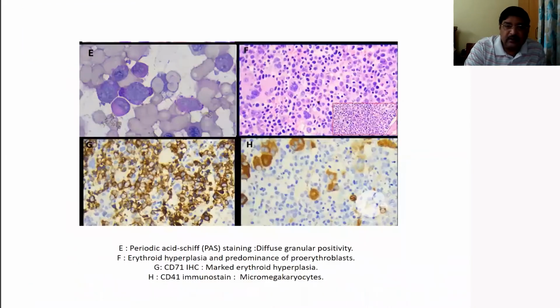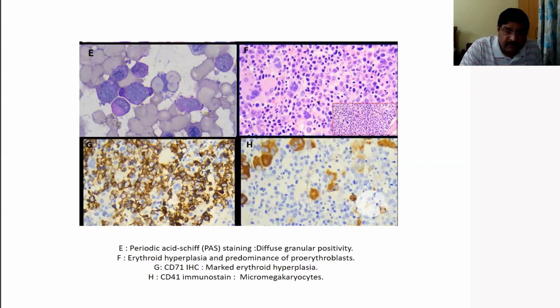Here you see you have this blast and you have this megakaryocytic proliferation, with many of them being micromegakaryoblasts, very small, but they are all megakaryoblasts, which will be more defined if you do the CD41 and CD61 stains, which are nothing but glycoprotein antigens. Either they are glycoprotein 2B3A or 1B9, but they'll stain; 41 and 61 are the markers for megakaryocytes.